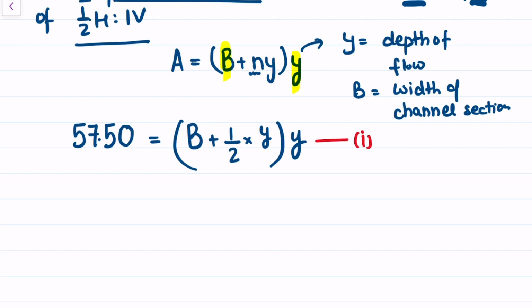Now you see we have two unknowns, so we need another equation to find the value of b and y. Next, we can use the parameter.